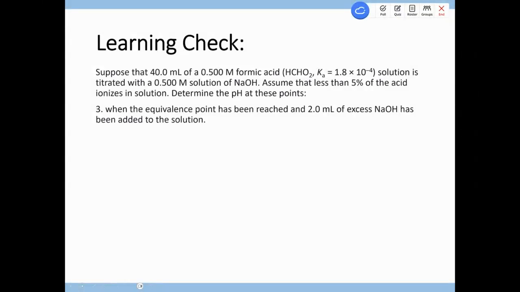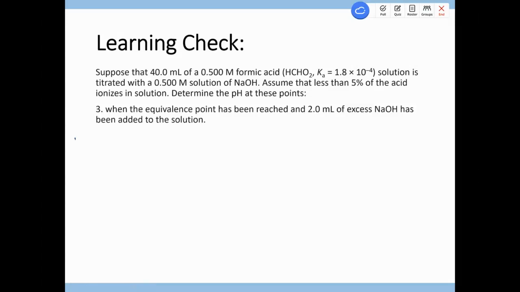Okay, so now all of the acid reacted with the base, that was all neutralized. The pH of the solution will be dependent on the amount of excess NaOH that's added. So we need to find the moles of NaOH that were added in excess that did not react with the acid, because all of the acid already reacted at the equivalence point, and then divide that by the total volume. So this one will be a little bit less involved than the last slide.